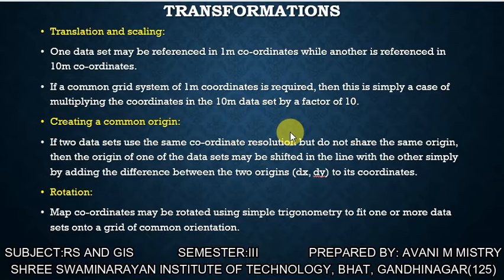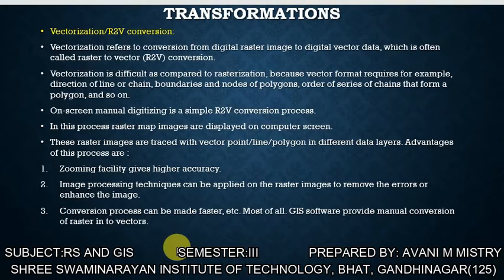And rotation. Map coordinates may be rotated using simple trigonometry to fit one or more data sets onto a grid of common boundaries. Then vectorization or R2V conversion.